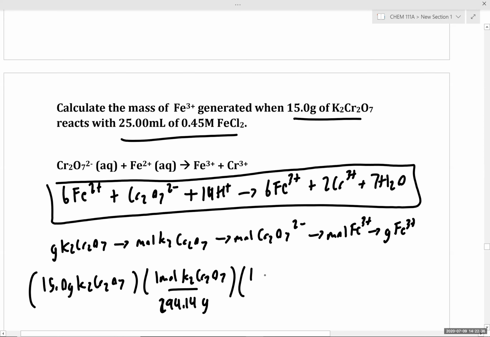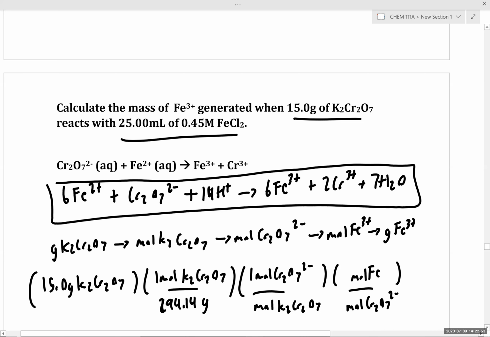And we know that we have 1 mole of dichromate for every 1 mole of potassium dichromate. And now how many moles of iron do I have per mole of dichromate? What is our mole to mole ratio?